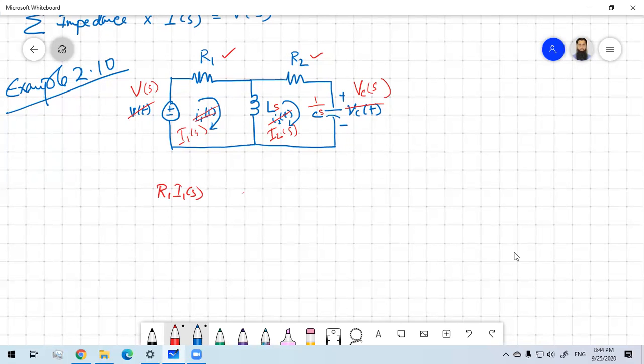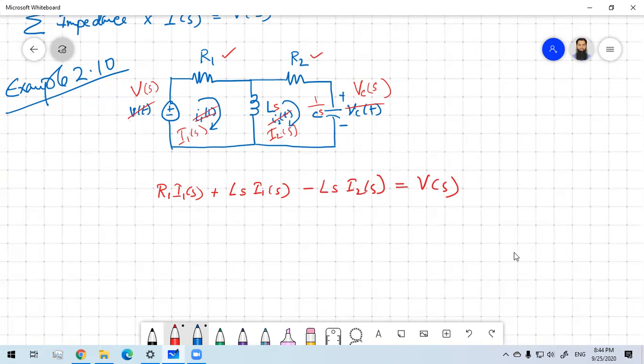Once you are considering the first loop, it has to be I1 which is positive and I2 should be negative. So you write that plus Ls I1(s) minus Ls I2(s) should be equal to your V(s).